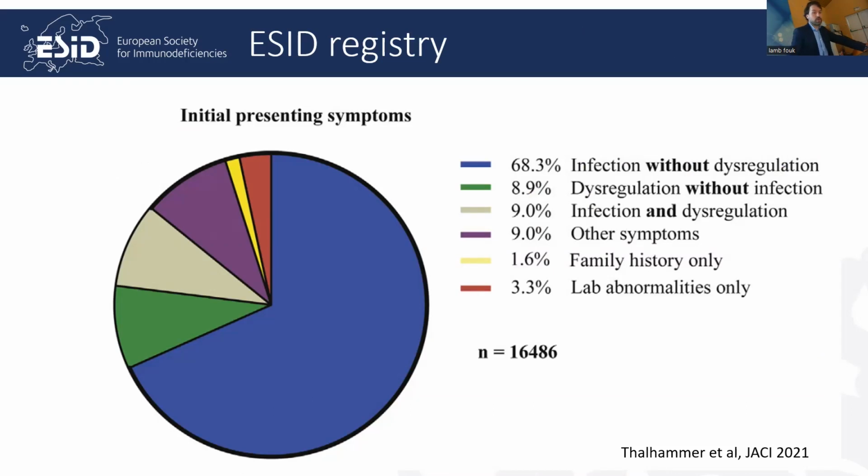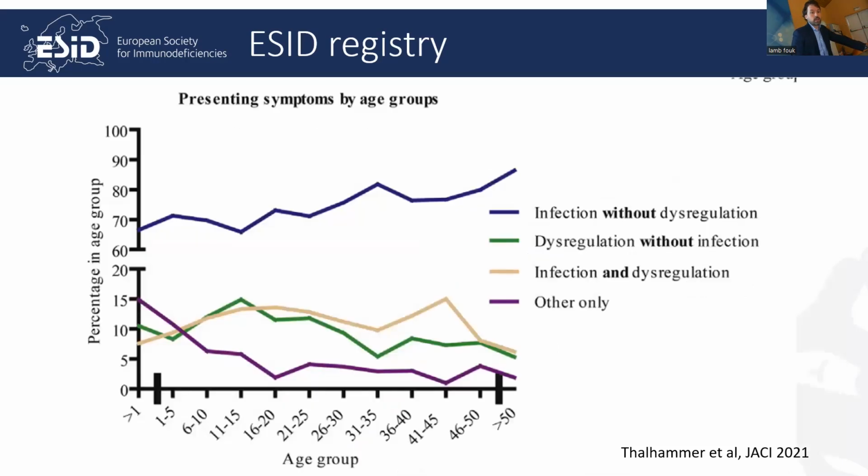But you have more than 20% that come with dysregulation, either with infection or without infection. And please note that there is a small minority, but it's quite relevant, with family history only, because don't forget, these are rare genetic diseases. And this is quite true across all the ages, so also for adults.